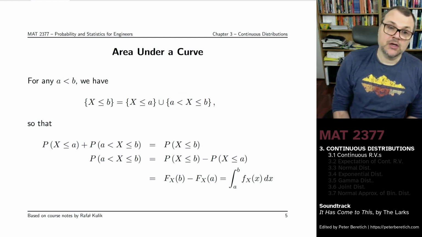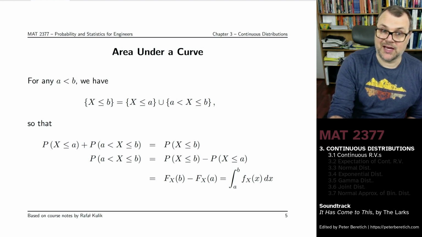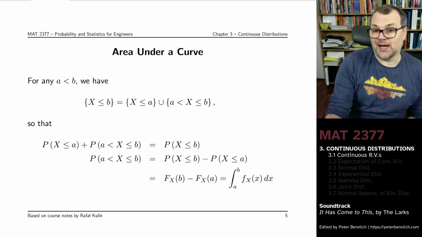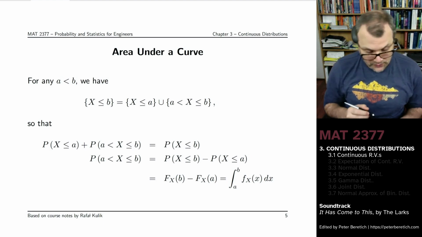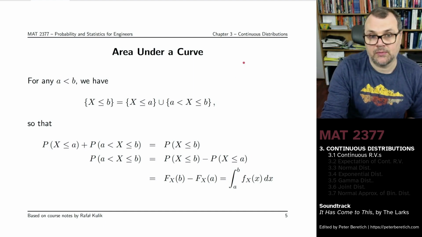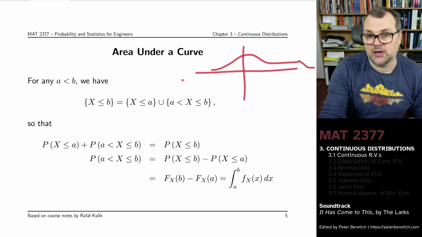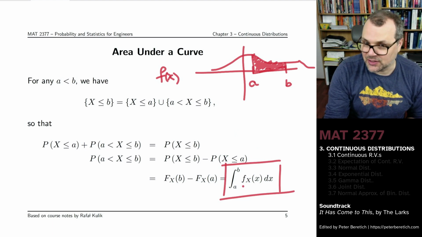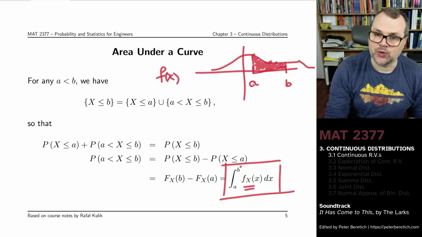That's because when you compute the CDF at a specific point, you are really computing the area under the curve. So what we're saying here is that the probability that the outcome of the random experiment lies between a and b would simply be the area under the curve for the probability density function, here not the CDF, between a and b.